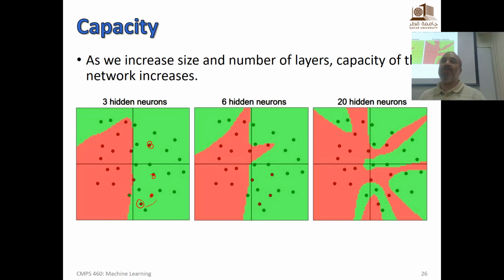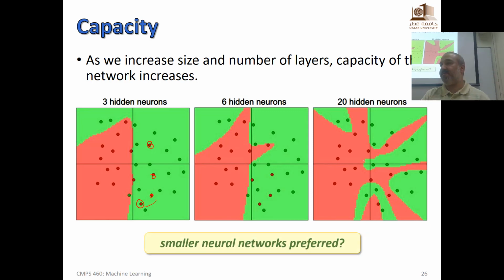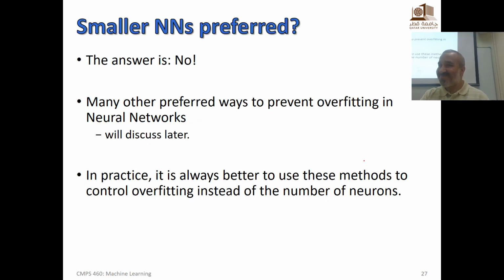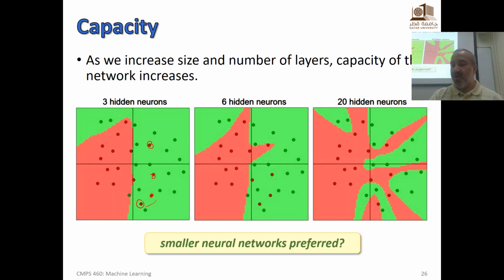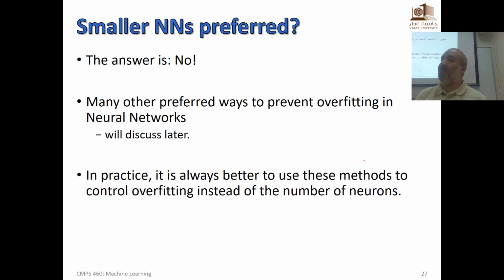To avoid overfitting, from that slide, maybe we should not go into more neurons, right? Maybe we prefer smaller networks, right? So maybe smaller networks are preferred. The answer is no. If the problem is overfitting, we can avoid it with ways specific to avoiding overfitting.